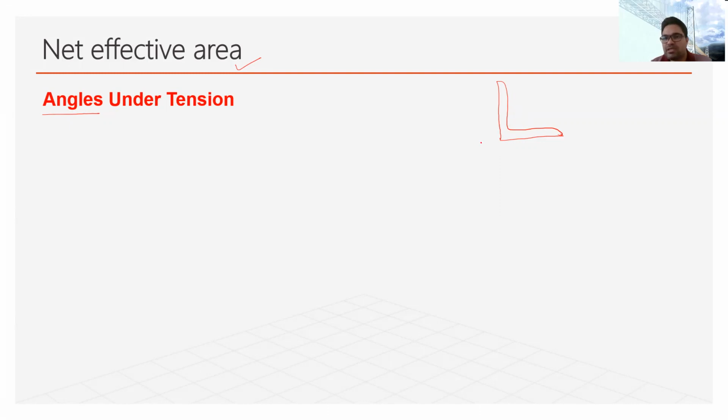For example, if the angle is connected with this leg, with this plate, say with the bolt, if it is connected with one leg only, the other leg is the unconnected leg. So we call it the outstanding leg. The leg which is connected, we call the connected leg.